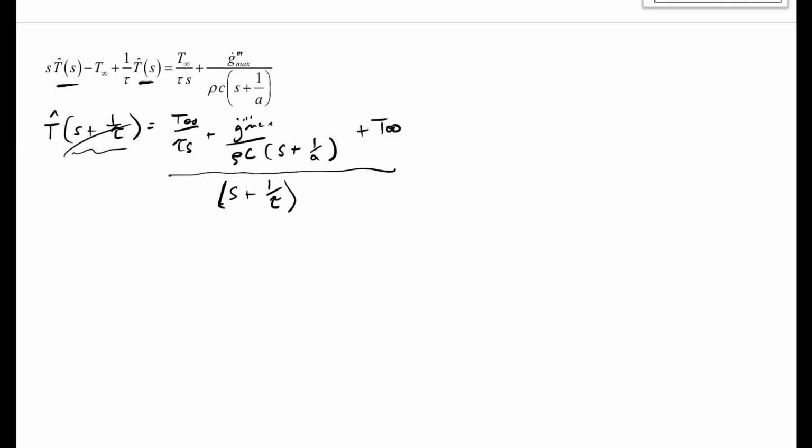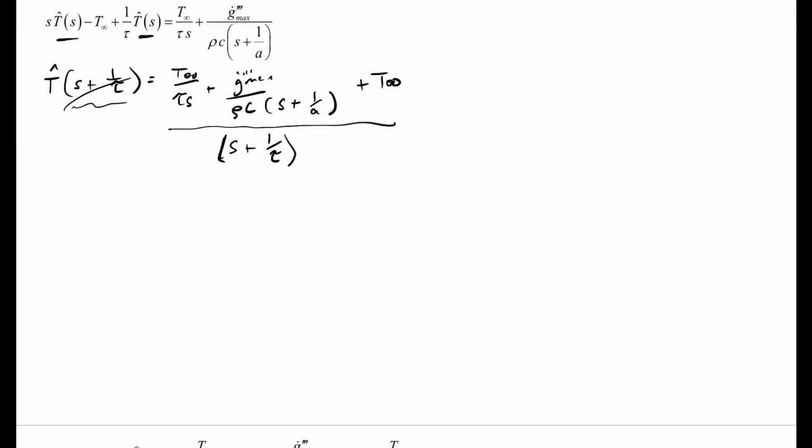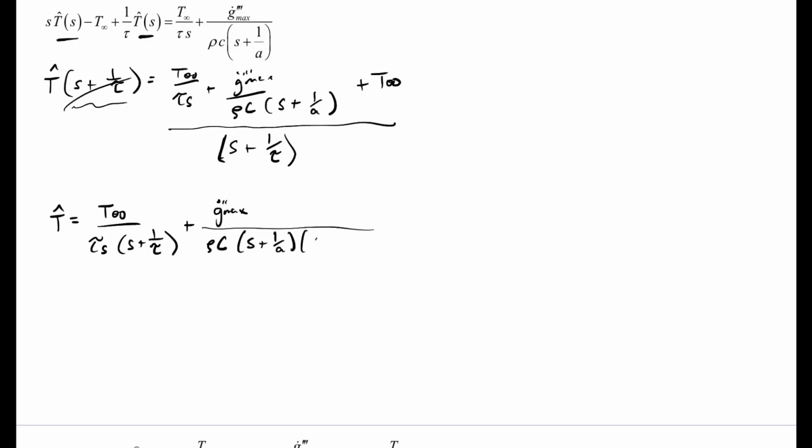So let me just write out, if we take this one more step, it looks like this. T hat looks like the following: T infinity over tau times S plus 1 over tau, plus the second term becomes G dot triple prime max over this whole thing, which is rho C times S plus 1 over A times S plus 1 over tau.